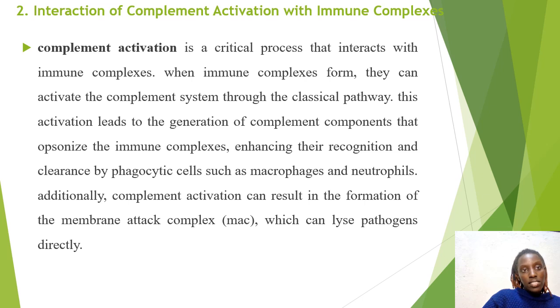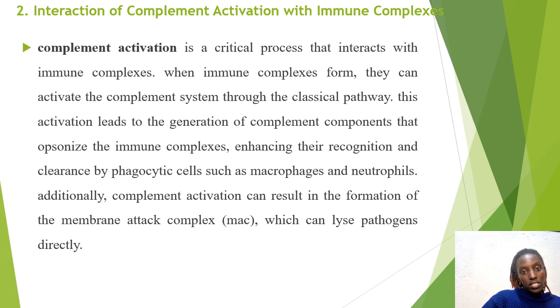The second thing that I'm going to talk about is how complement activation interacts with the immune complexes. Complement activation is a critical process that interacts with the immune complexes. When immune complexes form, they can activate the complement system through the classical pathway.